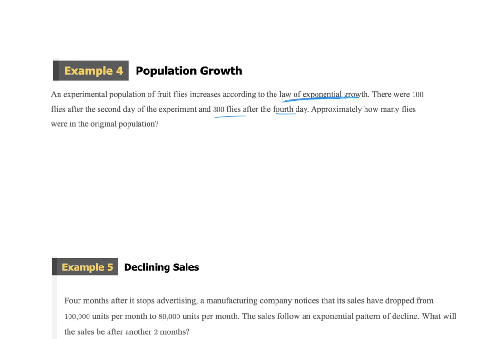So what we're going to do is we're going to look at 100 flies equals our initial population, which we don't know, times e to the k times 2. So second day, 100 flies. And then 300 flies, c e to the k times 4 on the fourth day.